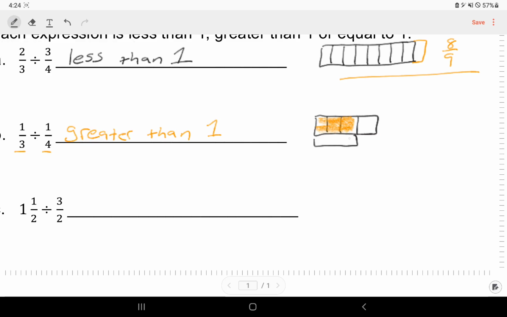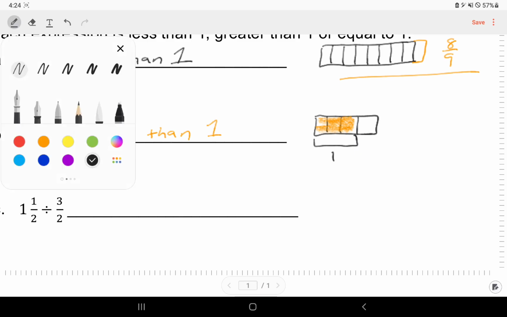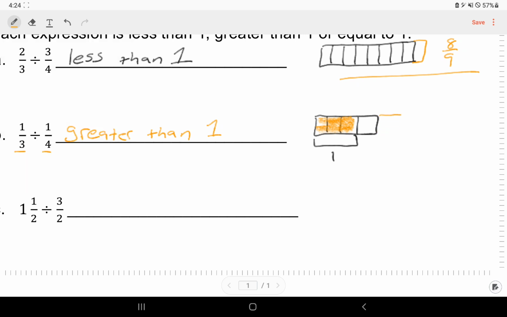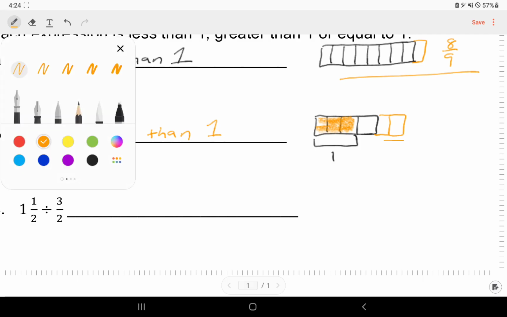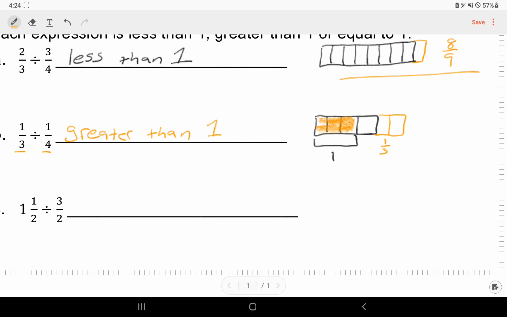So there's one group with 1 out of 3 left over. And so that's 1 1/3, which is more than 1.